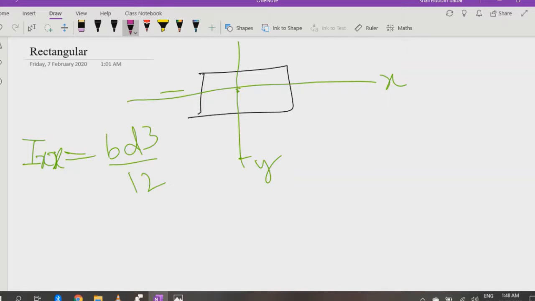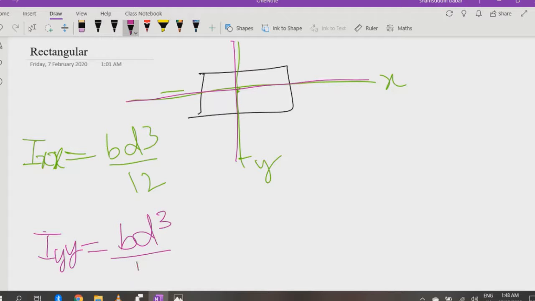This is for the x-axis. Now for the y-axis we have I y equal to b d cube upon 12. No, it should be d b cube upon 12. d b cube upon 12.